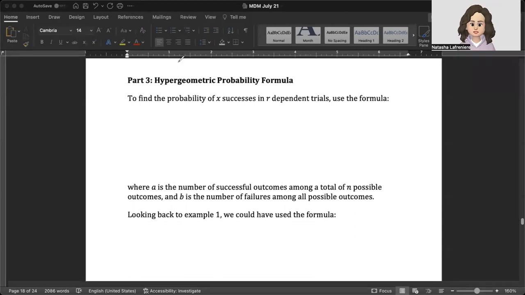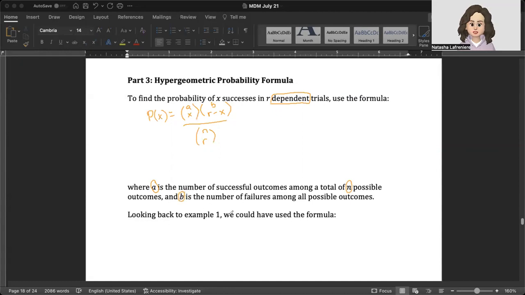Our formula for dependent trials, so that's our keyword here, is: the probability of X is C(A,X) times C(B,R minus X) over C(N,R), where A is the number of successful outcomes among a total of N possible outcomes, and B is the number of failures.